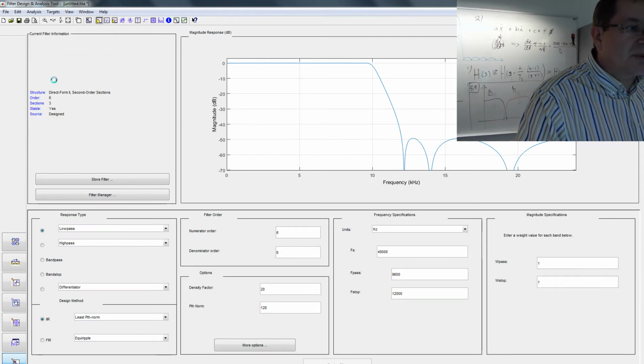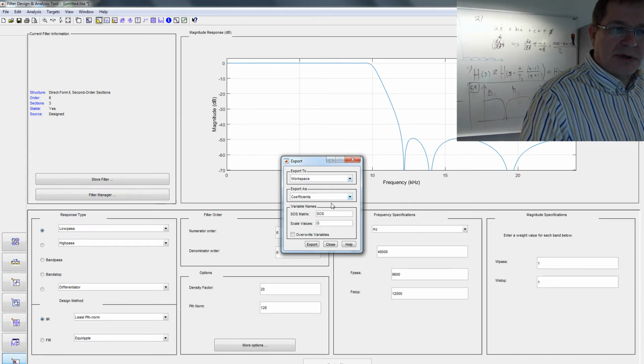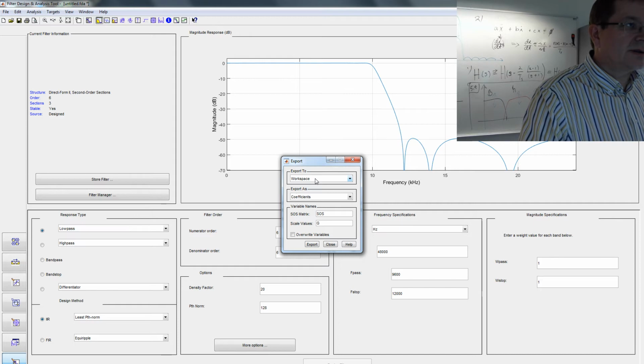Clicking export, you can get the coefficients of these filters to the MATLAB workspace.